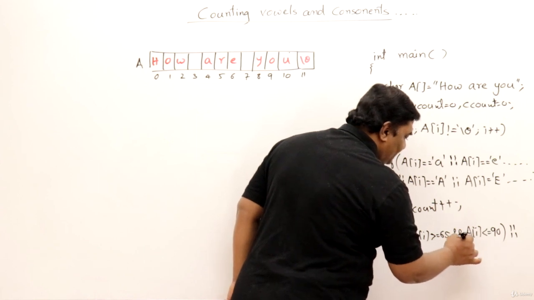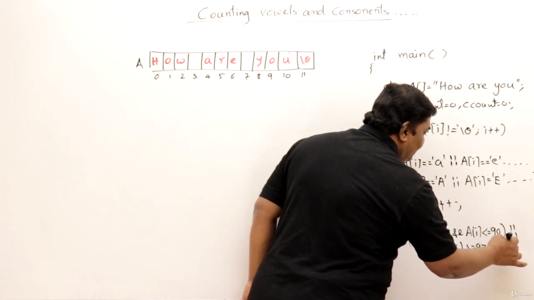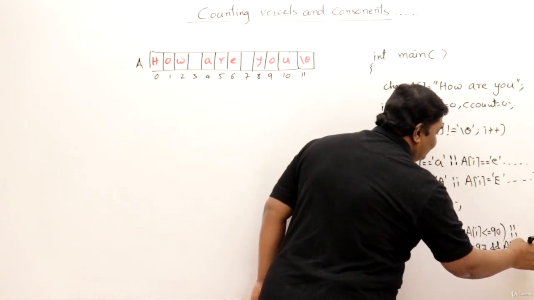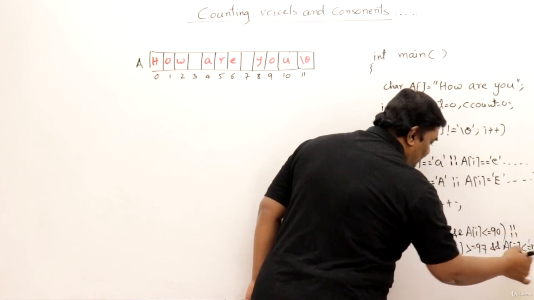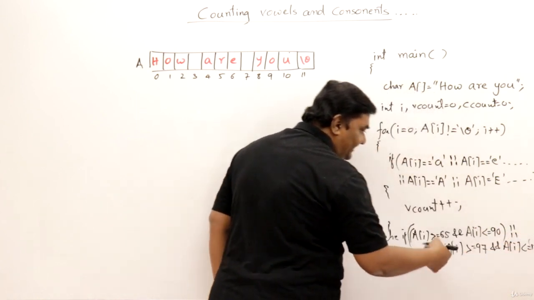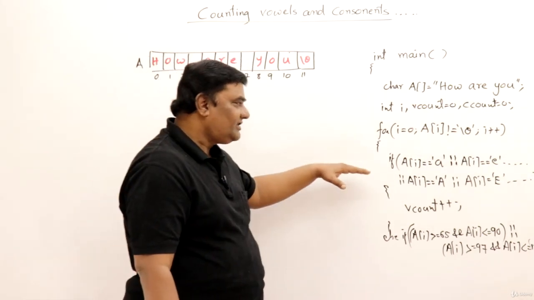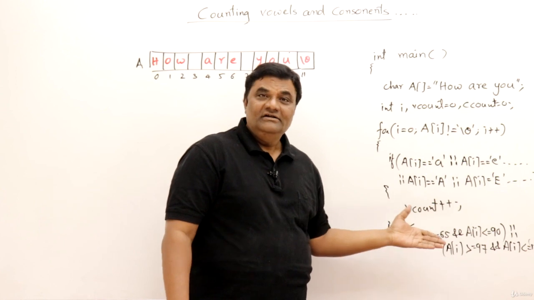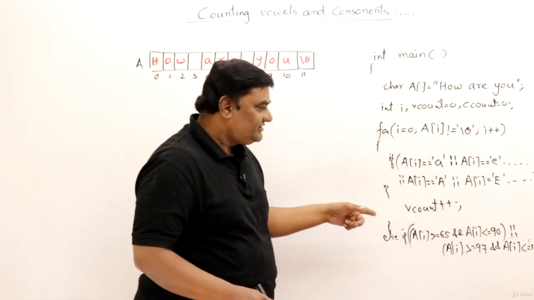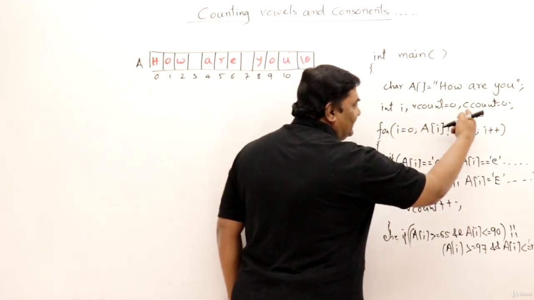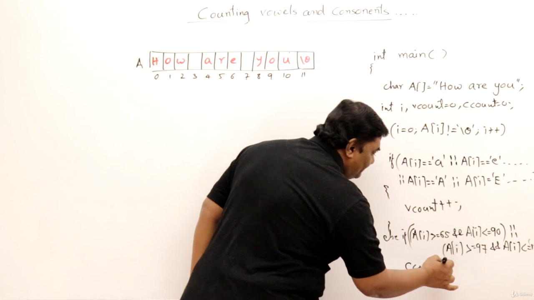So A of i should be greater than or equal to 97, and A of i should be less than or equal to 122. So if it is within this range, that is either lowercase or uppercase. See, already we have checked it is not among A, E, I, O, U. Then other than that, all other characters within that range are consonants. So I should check this range. If so, then I will say C count, that is consonant count, plus plus.